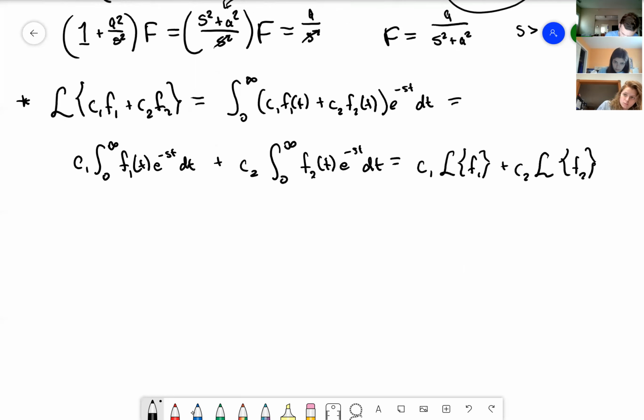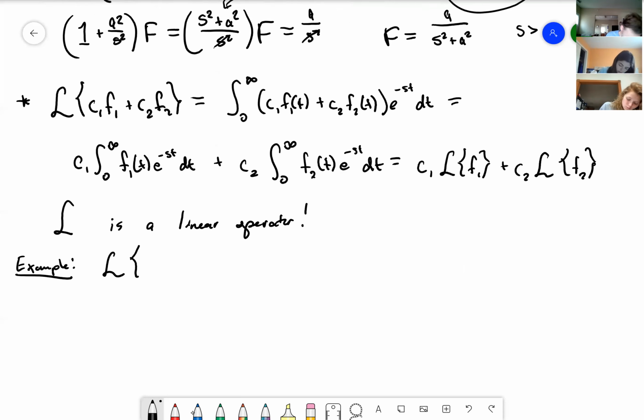So not only is L an operator, it's a linear operator, which is an incredibly useful fact, and will give us our very last example for the day, which is the Laplace transform of 5e to the minus 2t minus 3 sine of 4t.